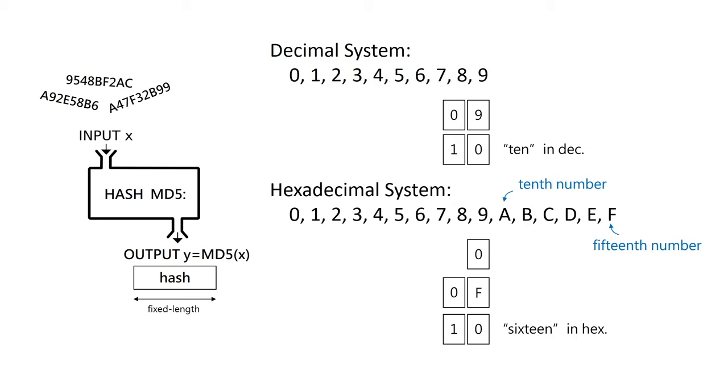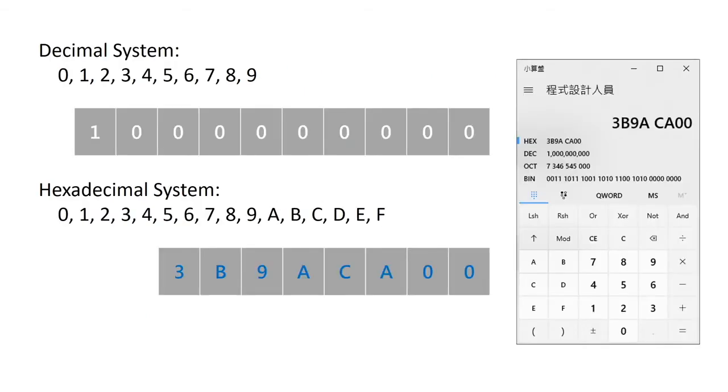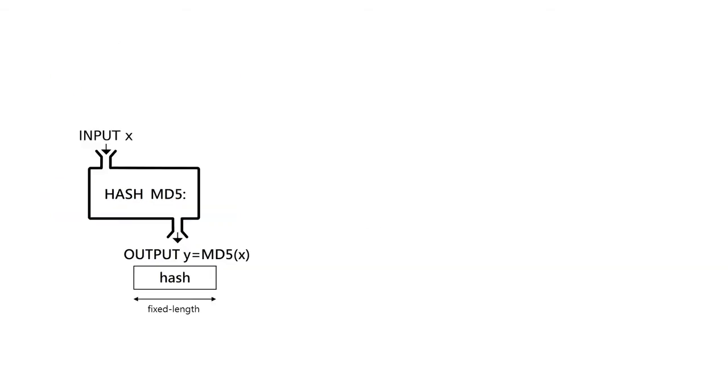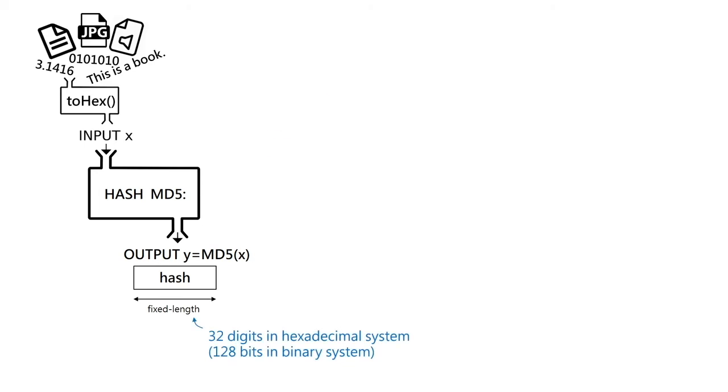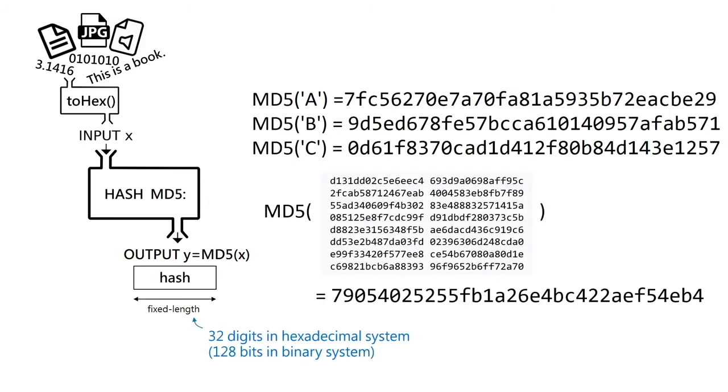The hexadecimal system helps us represent large numbers more easily, and it can be easily converted to binary numbers. Let's take a look at some examples of the MD5 hash function. The input of MD5 can be any digital data, such as numbers, strings, or even a file. We can always find a way to transform the digital data into a hexadecimal number as the input.